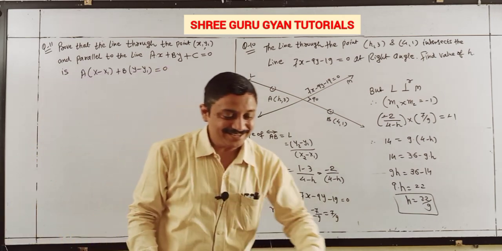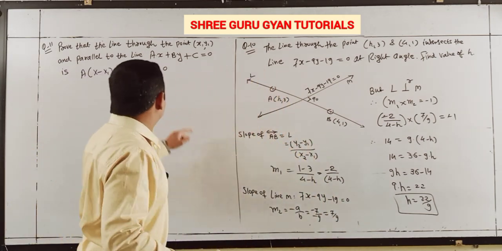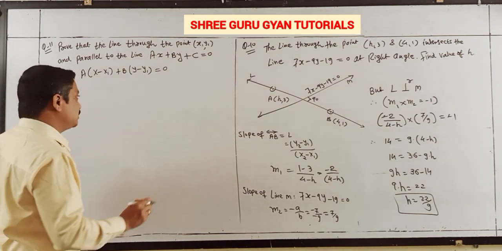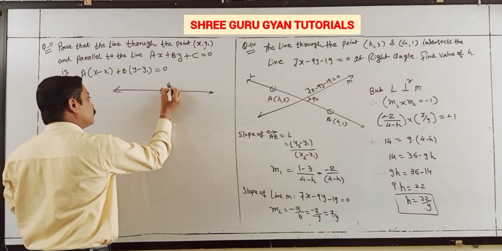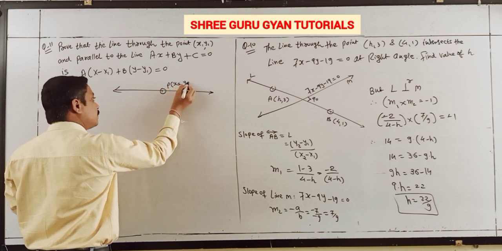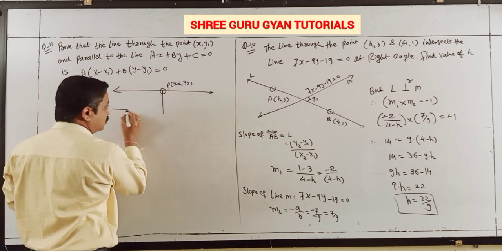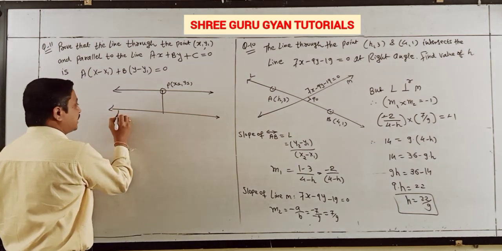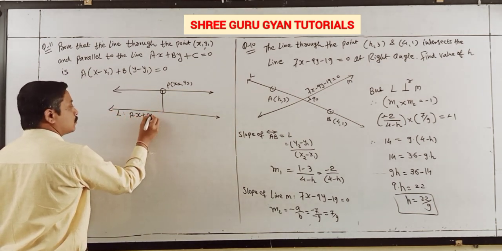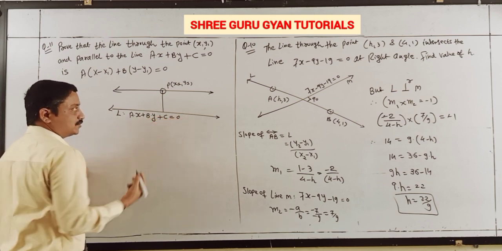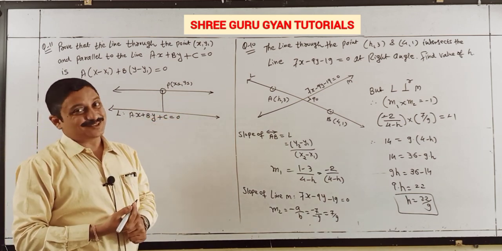Very easy. The line is given already, and we need a line parallel to it passing through a point. Consider that as my required line, passing through x1, y1 and parallel to another line, the line L, ax plus by plus c is equal to 0. Parallel means the slope is the same.